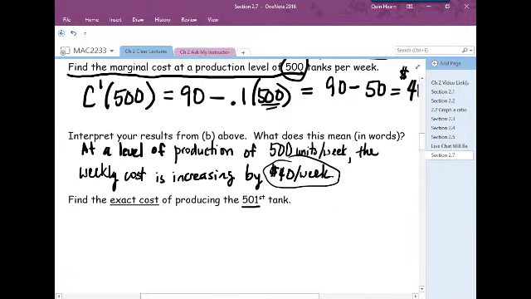So how would we actually find the cost of the 501st tank? Well, you would have to plug into the original cost function to find how much it costs to produce 501 tanks. Plug into the original cost function to figure out how much it costs for 500 tanks and subtract them. So C of 501 minus C of 500.